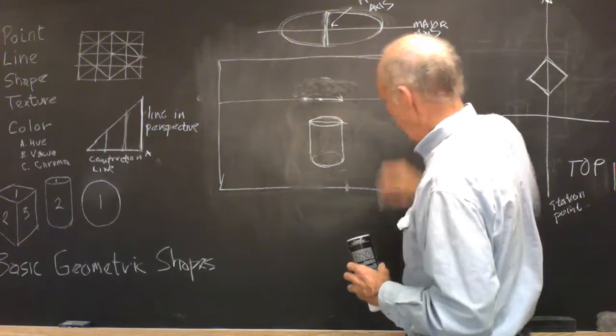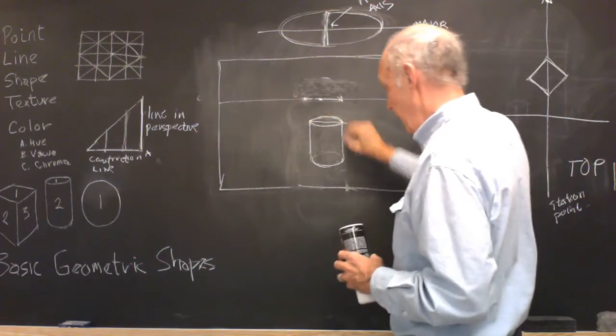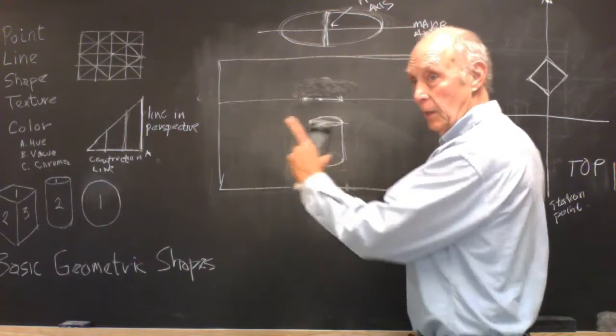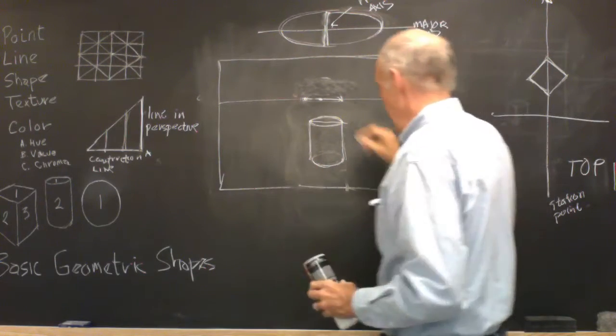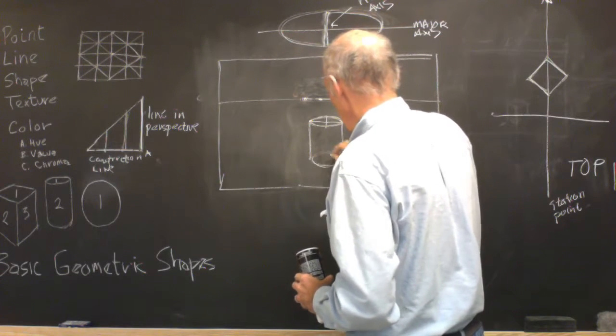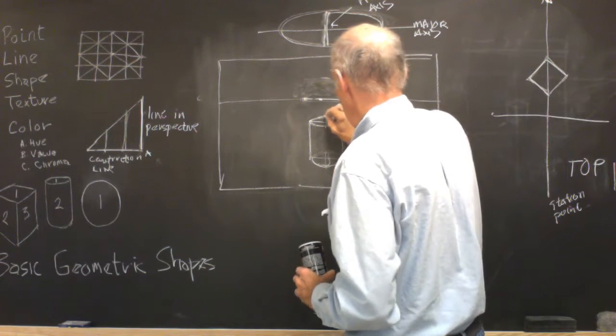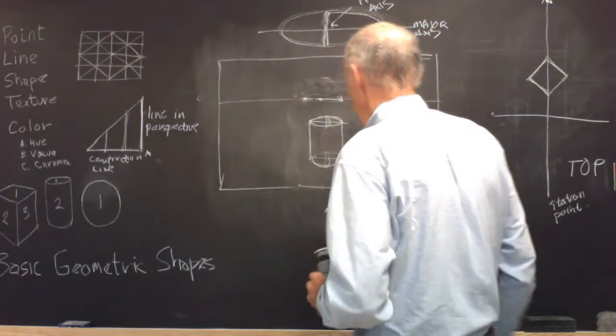The major axis of this ellipse will be parallel to the bottom of the picture plane. The parallel lines here will be parallel to the sides of the picture plane. This will be an ellipse with a minor axis that's thinner than the ellipse at the bottom. In other words, this minor axis down here is fatter than the minor axis right there.